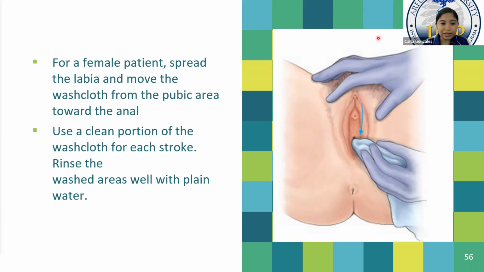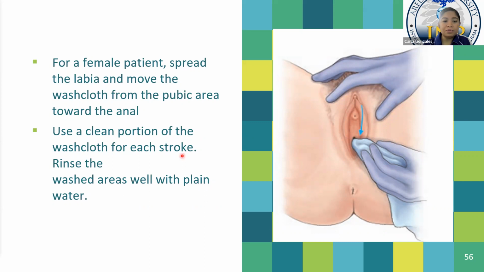So you have to spread the labia and then move the washcloth from the pubic area toward the anal area. Same principle, cleanest to dirtiest. We consider the anal area as the most contaminated area, so when we stroke, it should be going toward the anal area.